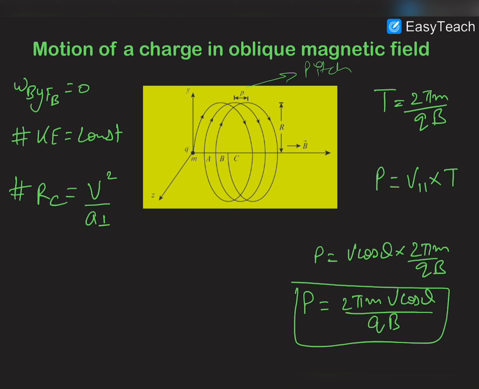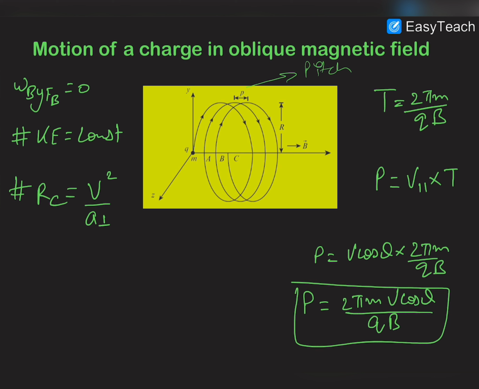So a perpendicular is due to the magnetic force acting on the particle, and we know that the magnetic force acting on this particle is in the direction of the z-axis, obviously, because velocity is in the direction of y and x, and magnetic force is along the z-axis.